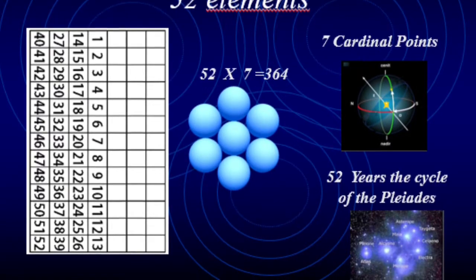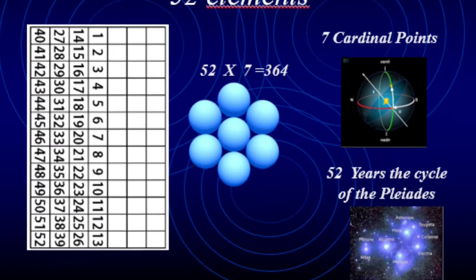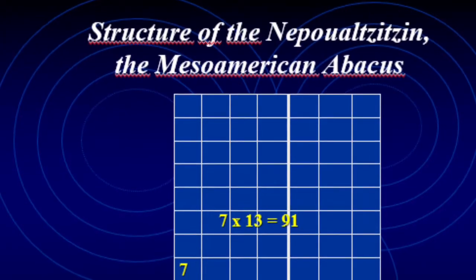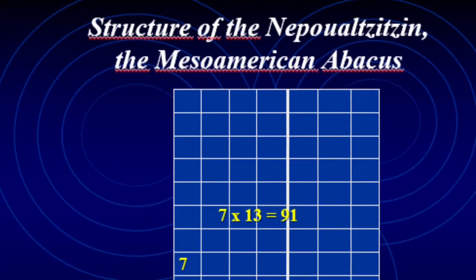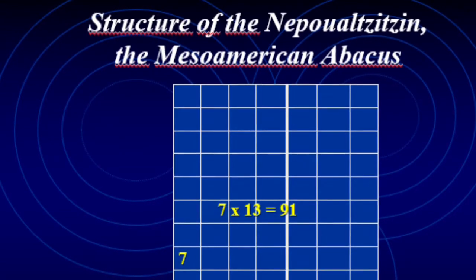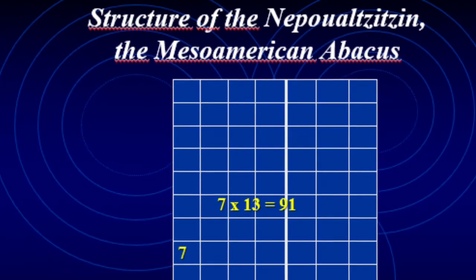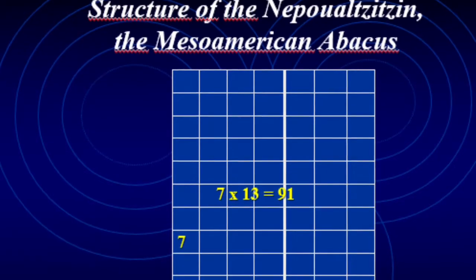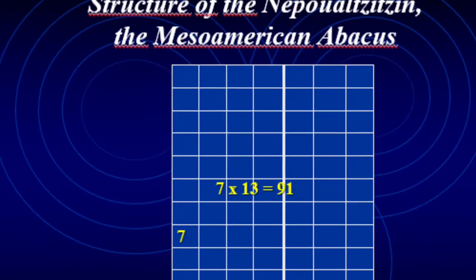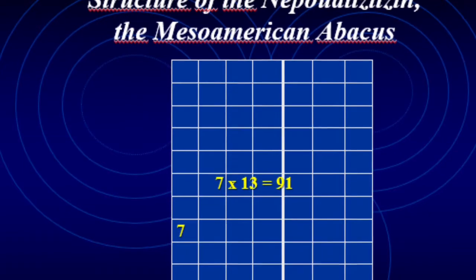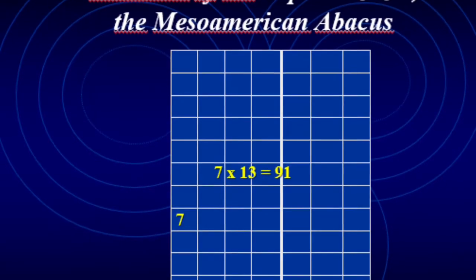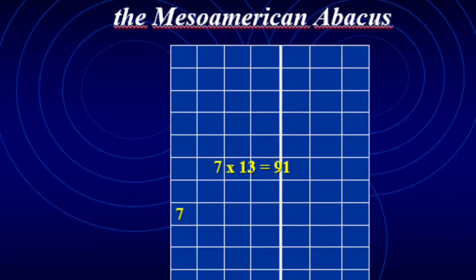So this is very interesting, as you can notice, because there are special numbers that in many cultures are good luck or bad luck or ritual or sacred numbers, such as 7 and 13. The number of beads of the Mayan Abacus. So why are they so sacred or ritual numbers? Because they're related to the cycles of nature.